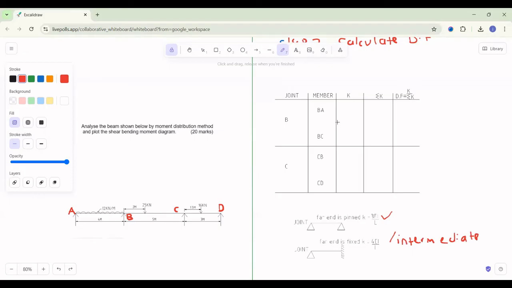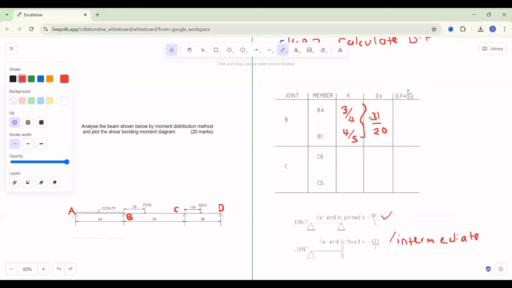Since our EI is constant, the relative stiffness factor will be 3 over 4. And for span BC, 4EI over L, which will be 4 over 5. So the summation of this will give you 31 all over 20.